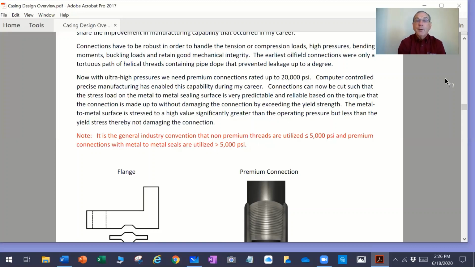So the metal to metal surface is stressed to a high value, significantly higher than the operating pressure, but less than the yield stress, thereby not damaging the connection.